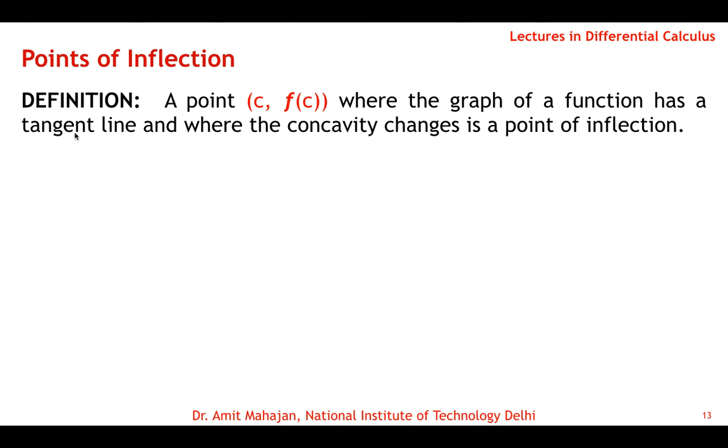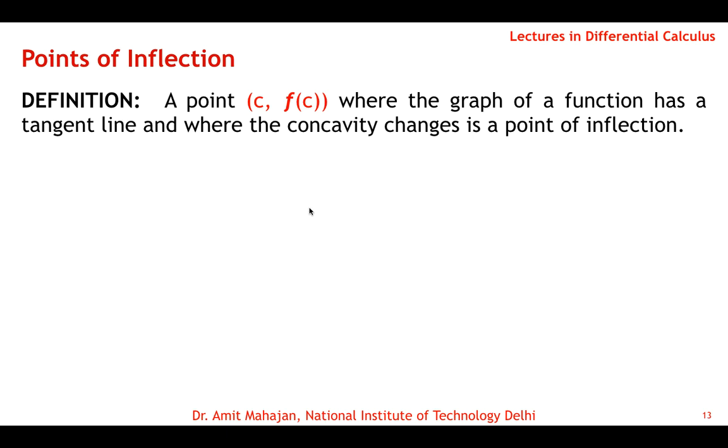There are two things here: the graph should have a tangent line there, and the concavity should change, either from concave down to concave up, or from concave up to concave down.